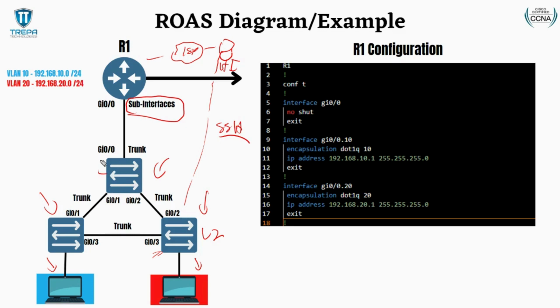Even though these switches are only doing layer 2 for the endpoints and users, we can put a management interface on there, a management SVI. So what we could do is create a whole other subnet, a whole other network called VLAN 30, and give it a 192.168.30.0/24 subnet.